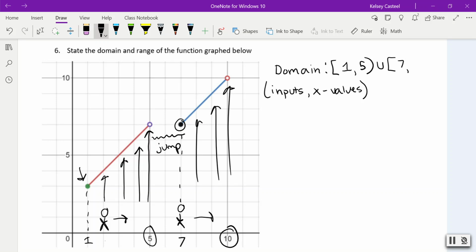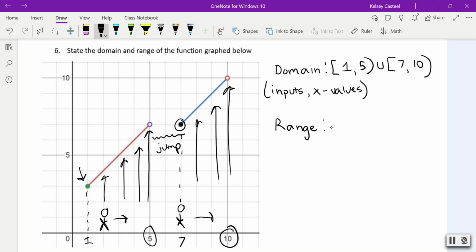So 10 is not included, so I would have 10 with a curved parenthesis. That describes all possible inputs or x values that are being used here, so that is the domain of our function.